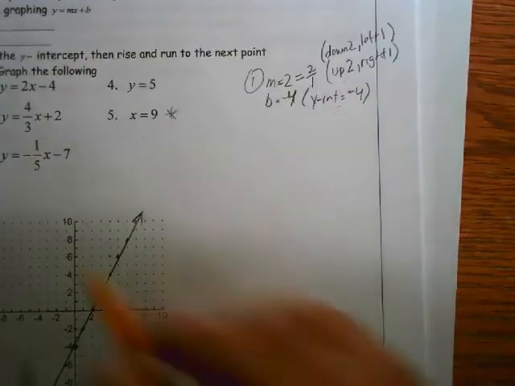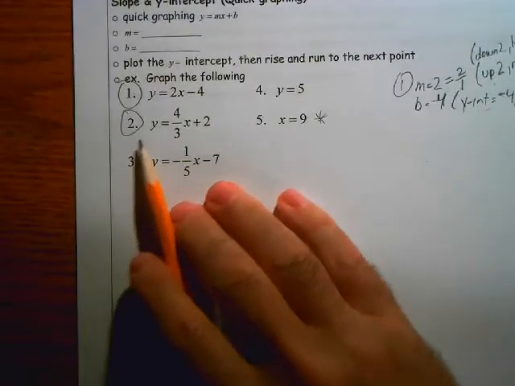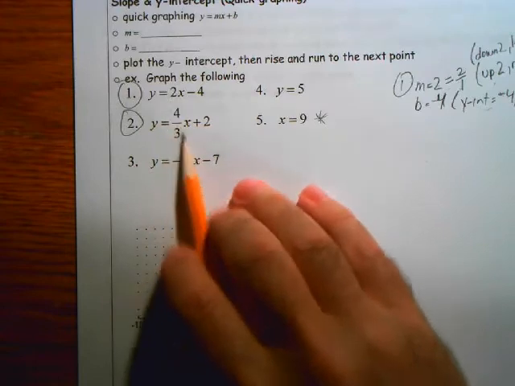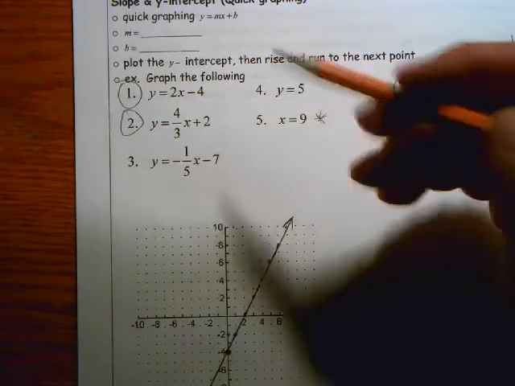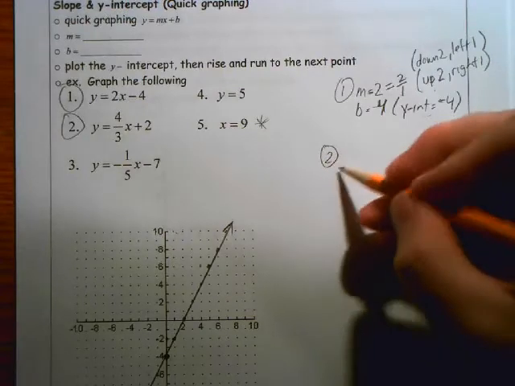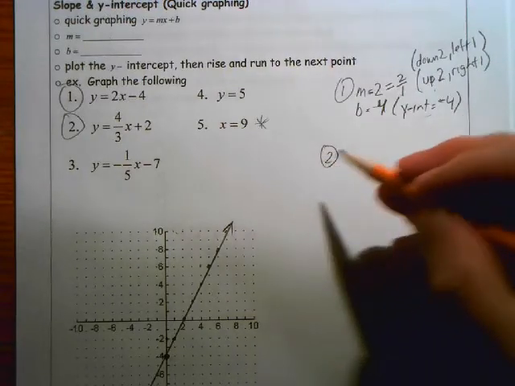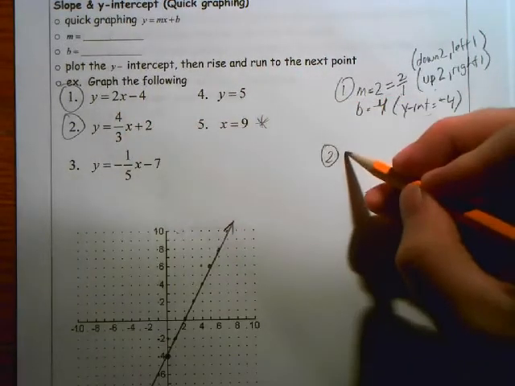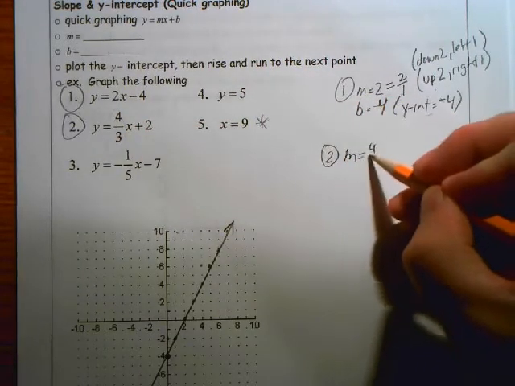Now, this one here, I wanted to cover this because let's just talk about it. I might not graph this one, but I want to talk about it anyways. So that is y equals 4/3 x plus 2. The 4/3 is our m. M equals 4/3. That's our slope.